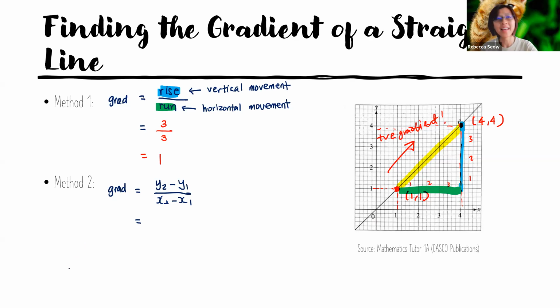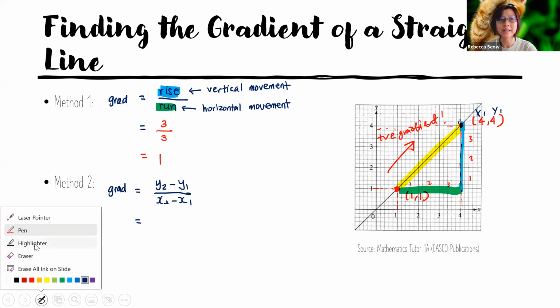Now, x and y here refer to the coordinates. Okay, and the first pair of coordinates that we identify, let's say we take 4, 4. This can be x1 and y1.